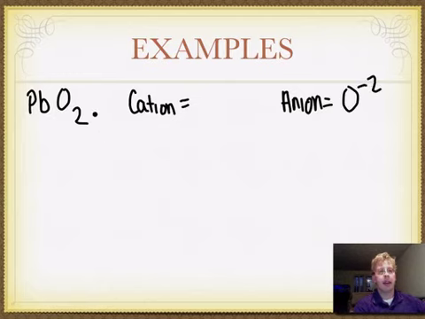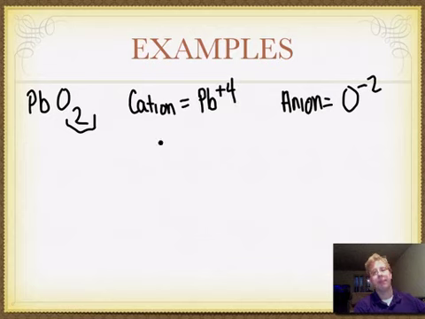This is saying that I have 2 oxygen atoms necessary to balance out my 1 atom of lead. 2 times -2 is -4, so lead has to be a +4. So this is going to be Pb plus 4.